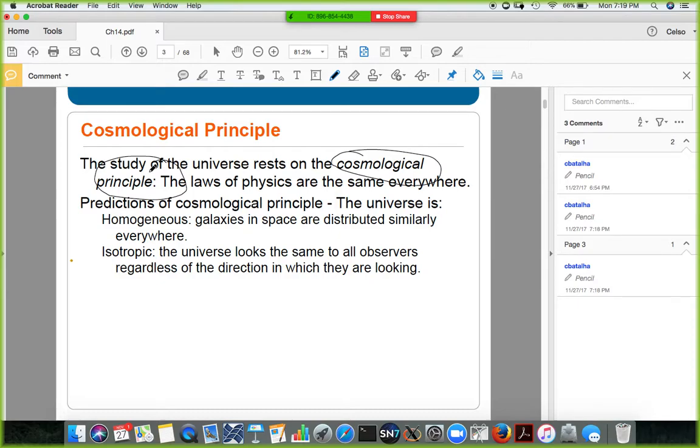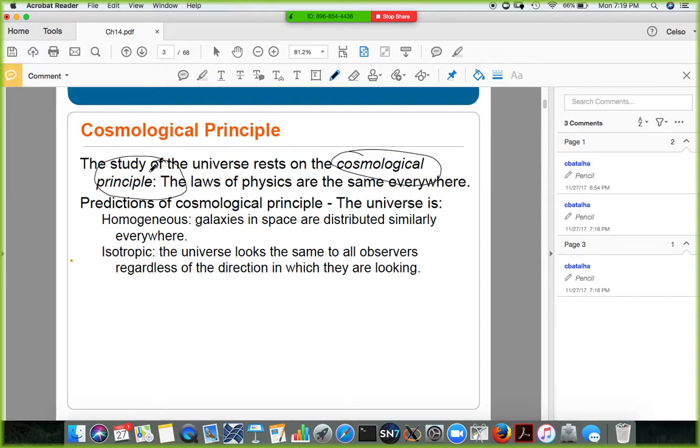I mean, we assume they are the same, and this seems to be a reasonable assumption. At least so far, we haven't found a part of the universe where the laws are different, because we haven't been there yet. Like, let's say here, with gravity, if you hold something and let it go, it's going to fall down towards the massive Earth.